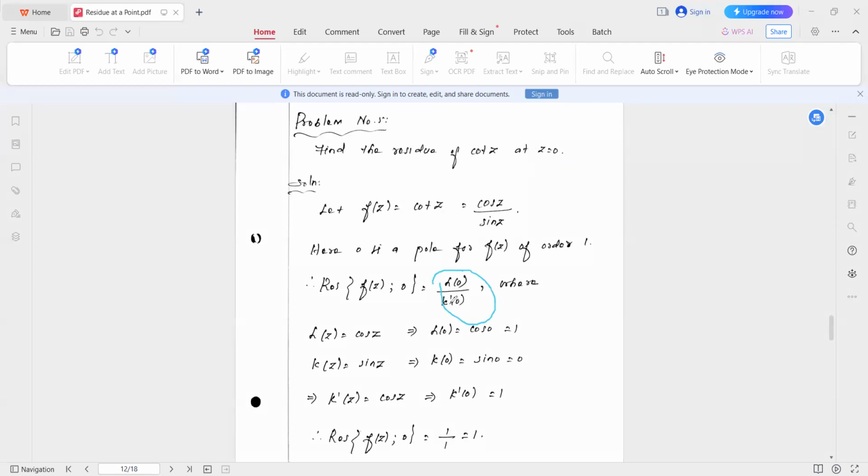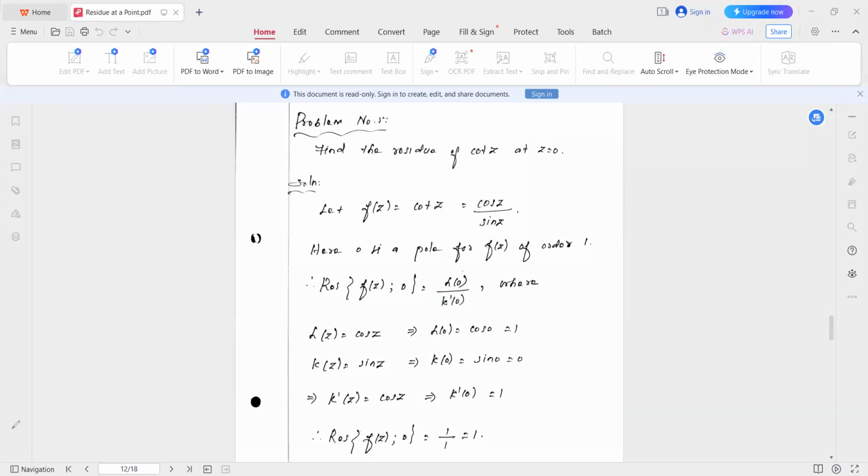Since k of z is equal to sin z, k dash of z is cos z. Substituting 0 in place of z, k dash of 0 is equal to 1. So h of 0 is equal to 1 and k dash of 0 is equal to 1. Therefore, the residue value is 1 by 1, which is equal to 1.